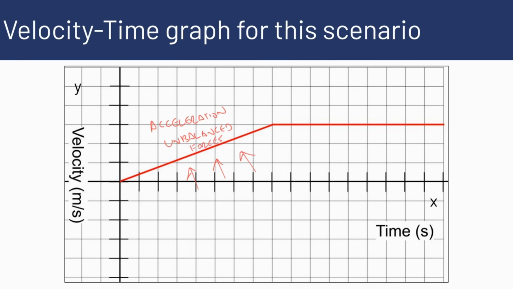This segment of the graph would be from the first diagram, when there was unbalanced forces. The person is pushing the box to the right, and the applied force was greater than friction.